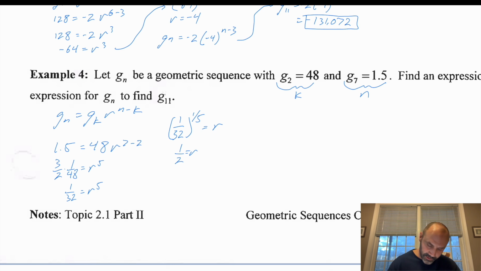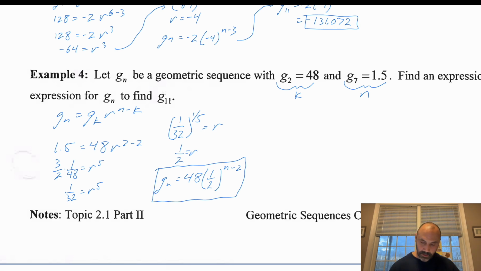The general form of this equation then is g of n equals 48 times 1/2 to the n minus 2 power. Great. And now I can use this to find g of 11. So g of 11 is 48 times 1/2 to the 11 minus 2 power. And when you do the arithmetic with that, it turns out to 3 over 32.